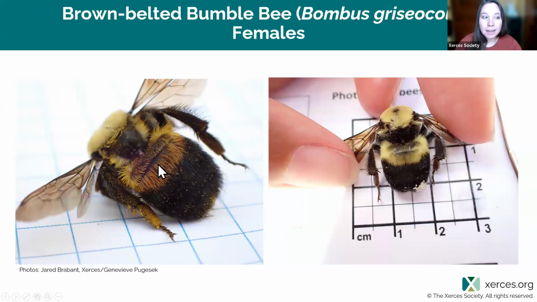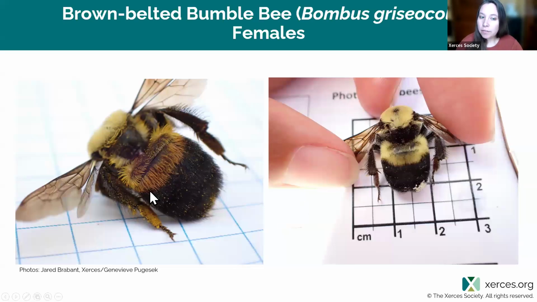There is a lot of variability in that color pattern, or the saturation of the brown hairs on T2. For some examples, you might see bees that have more of a golden color pattern there. And sometimes that's because their hairs have faded or just because they are a lighter morph.